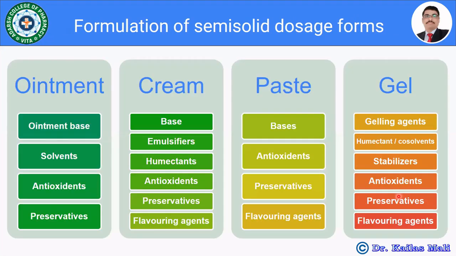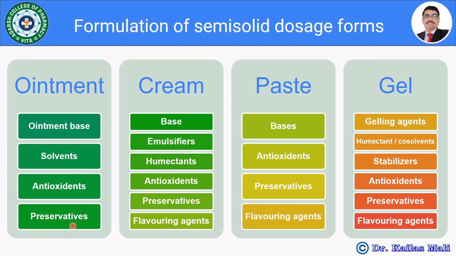More specifically, in the semi-solid dosage form, generally we are using the dosage forms like ointments, creams, pastes, and gels. If we want to prepare the ointment, we are supposed to use the ointment base, then the solvents, antioxidants, and the preservatives.